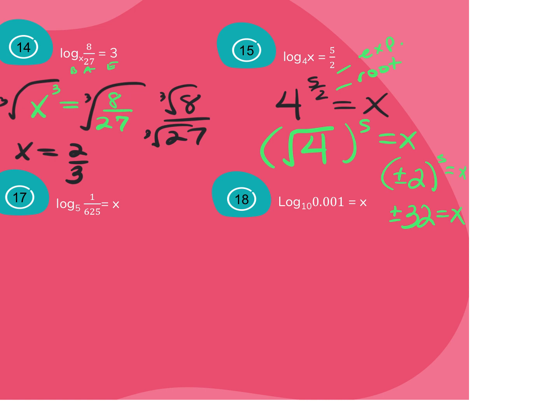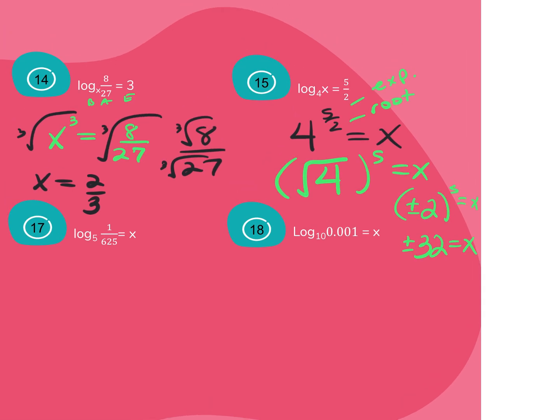Now, because we can't take the log of a negative number, you see this x here? This x cannot be negative. So in this case, we're not going to keep the negative answer.